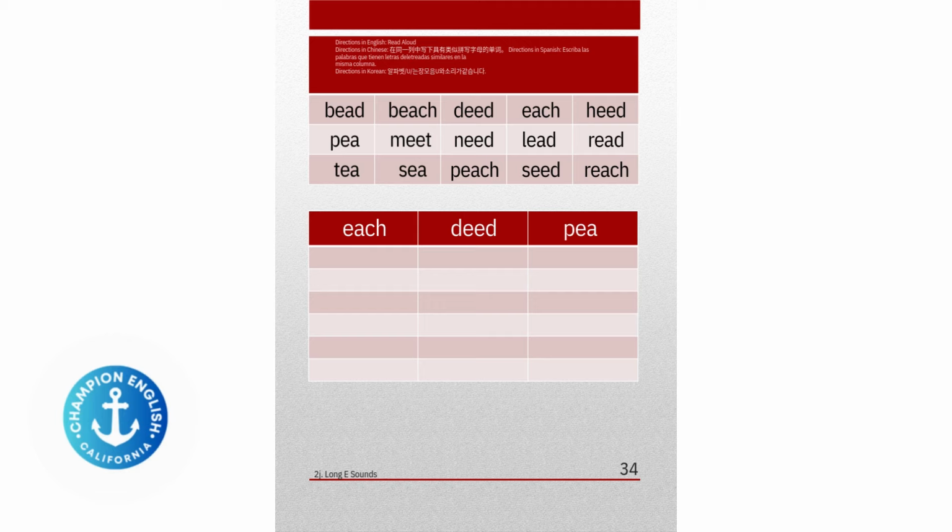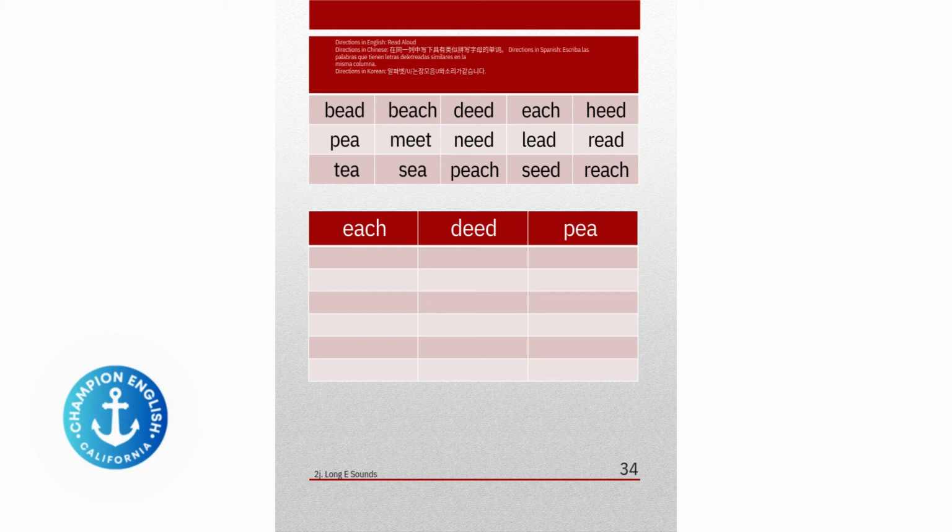If it ends with D, that would be column number 2. If it ends with T, that would be column number 2 as well. And actually, this column has a little bitty mistake. In column number 1, we have each, and in column number 2, deed. Now we're going to put each word in its right column.